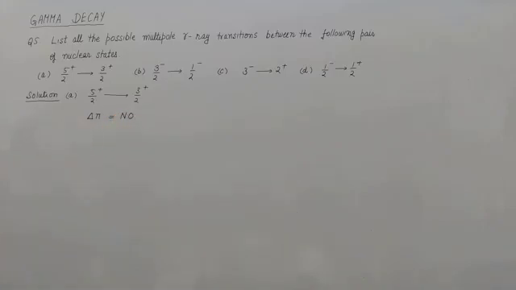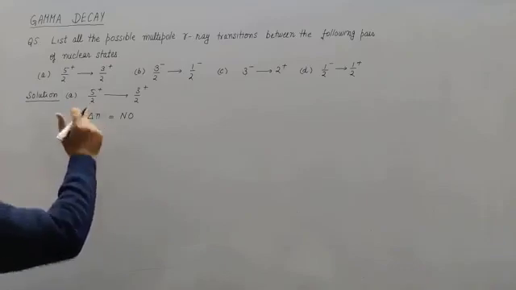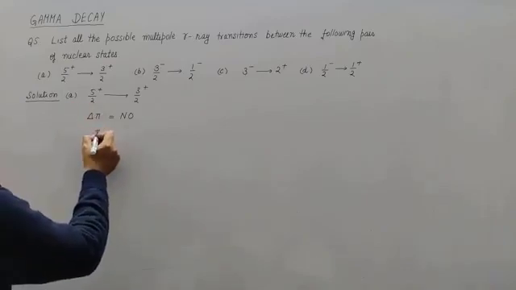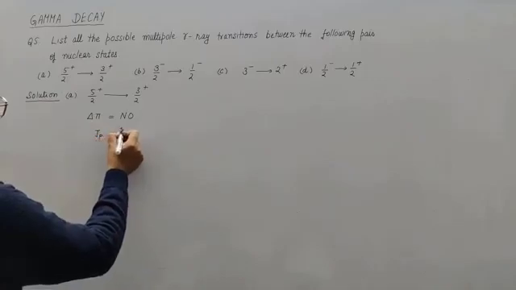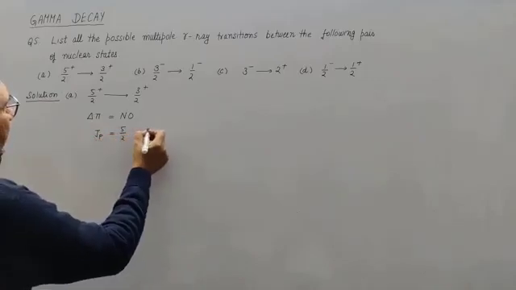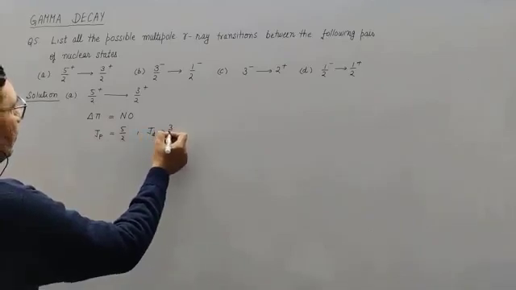Second, we have to find the allowed values of L. What is the J value for the parent state? This is 5/2. What is the J value for the daughter state? This is 3/2.